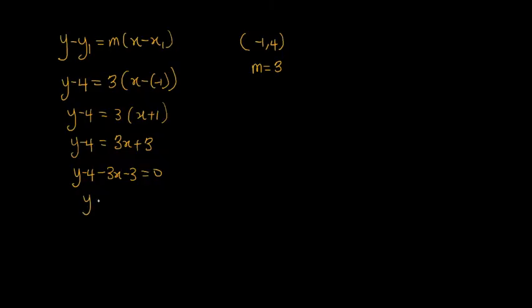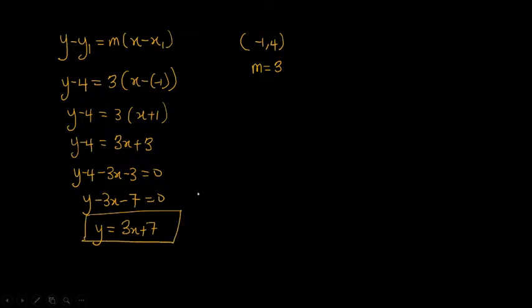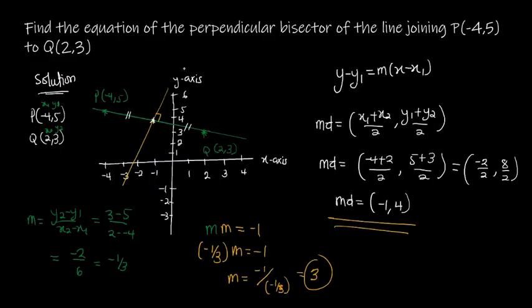Then I have y minus 3x minus 4 minus 3, which gives minus 7, equal to 0. This becomes my equation of the perpendicular bisector, or I can rewrite this as y equals 3x plus 7, sending negative 3x and negative 7 to the other side. So the equation here in gold is the equation of my perpendicular bisector, as we can see in this drawing.